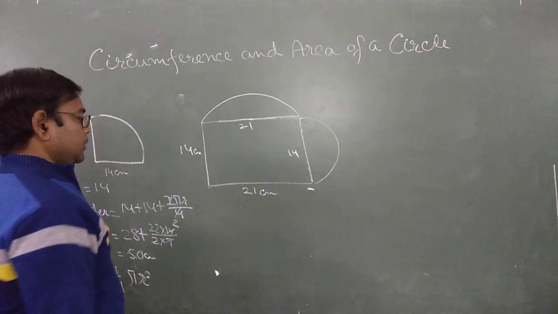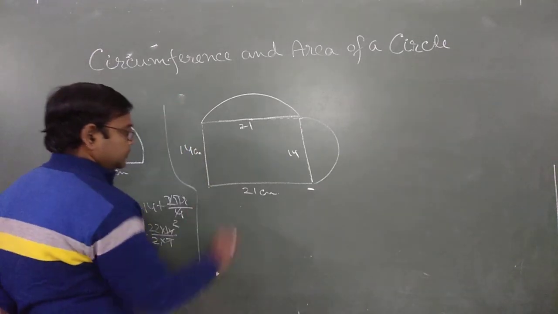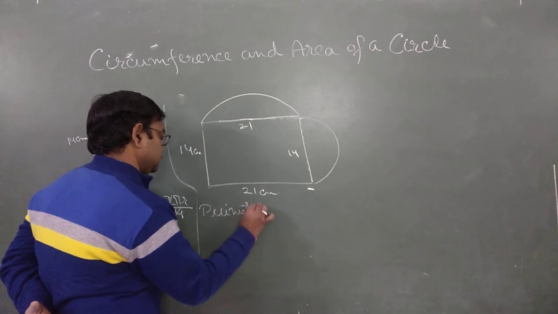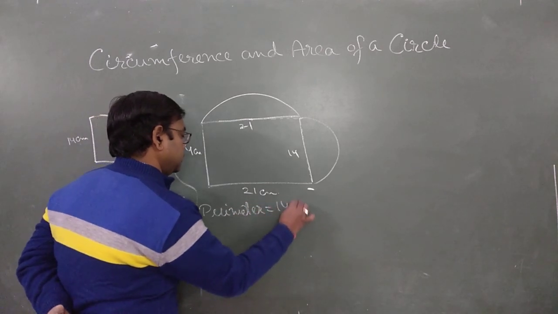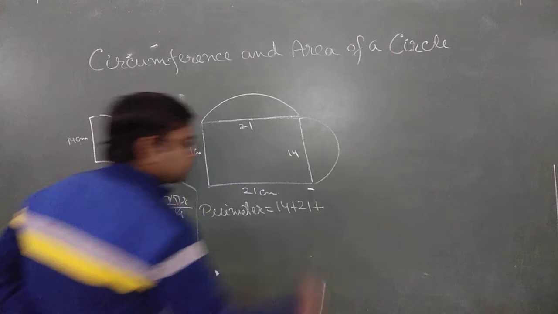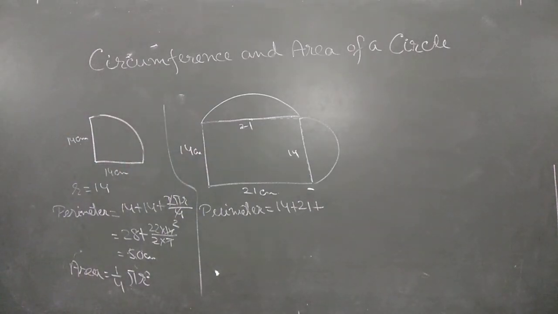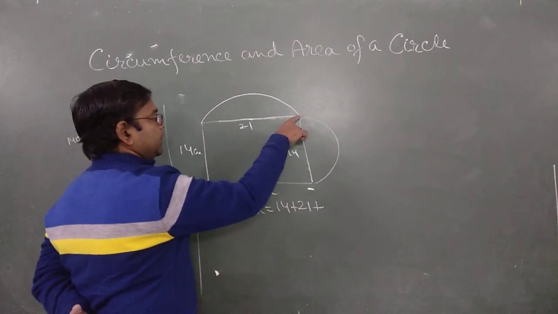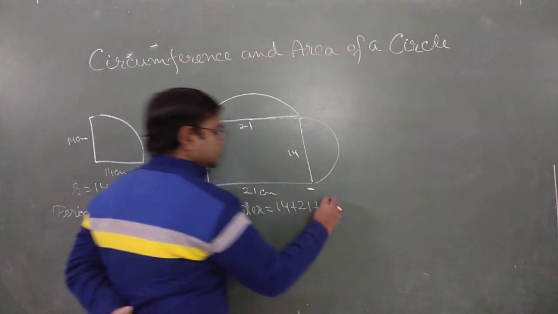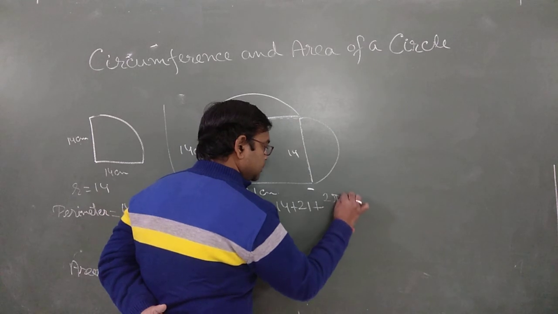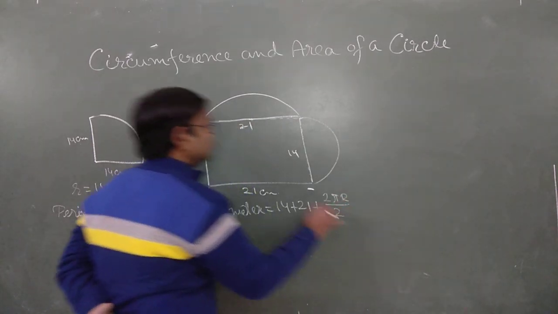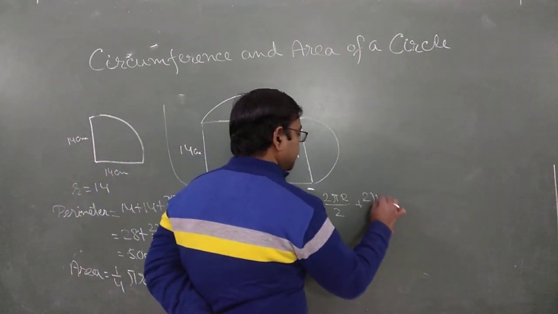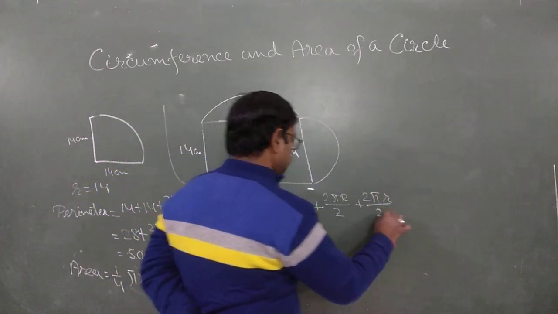So perimeter equals to 14 plus 21 plus, in this case, first we find out the length of this arc. It's 2 pi capital R by 2, because it's a semicircle. Clear? And in this case we have 2 pi small r by 2.